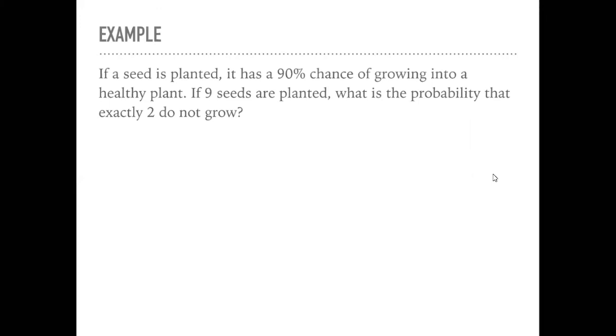So when we're looking at the binomial distribution, we're wanting to think, okay, what is my n, what is my p, and what's the probability that I'm looking for? So here we have n, 9 trials, p, our probability of not growing, which is what we're considering our success, is going to be 0.10, and we're looking for exactly 2 do not grow.